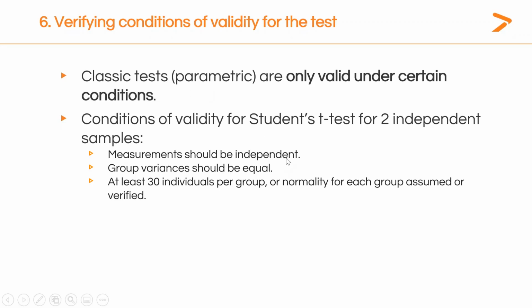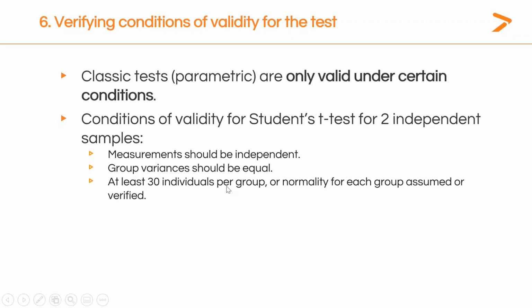Measurements should be independent, which means that in your data set, each student should be associated to one single measurement. Then group variances should be equal. So the variance of the group of the former system should be equal to the variance of the group from the new system.